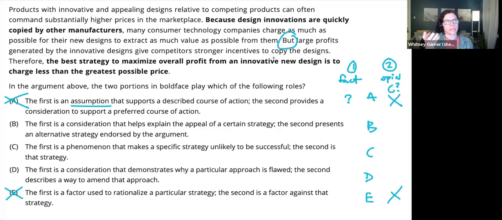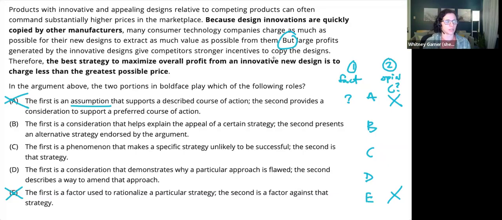So what they're arguing is that because of this first thing, and right, like what people often want to try and do, we could do better by trying to disincentivize making copies. So we've got to try and find an answer choice that kind of fits the relationship here.